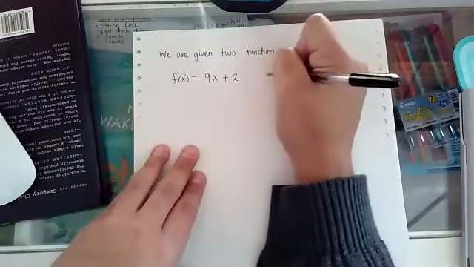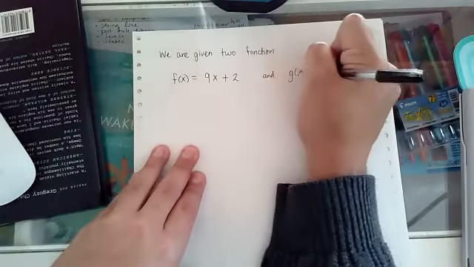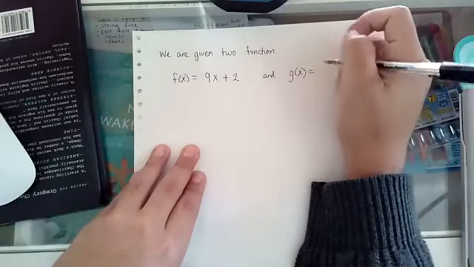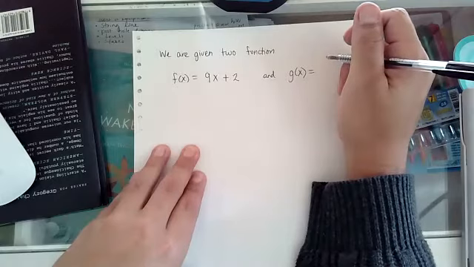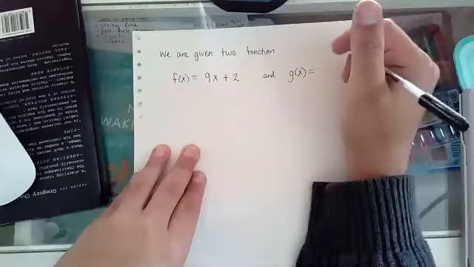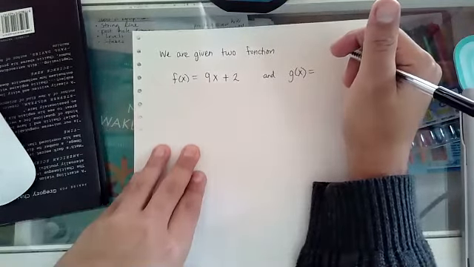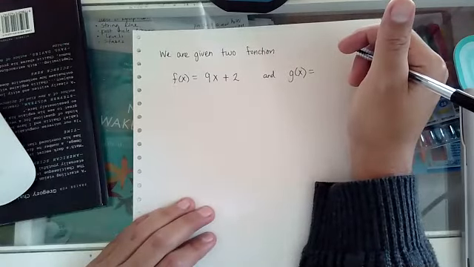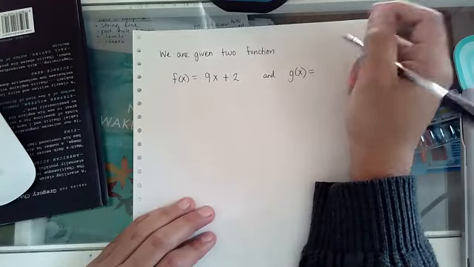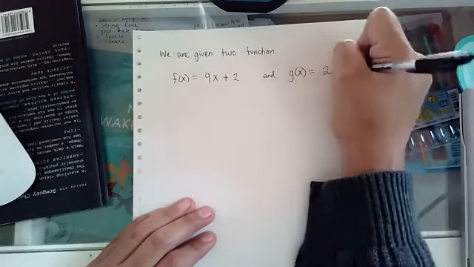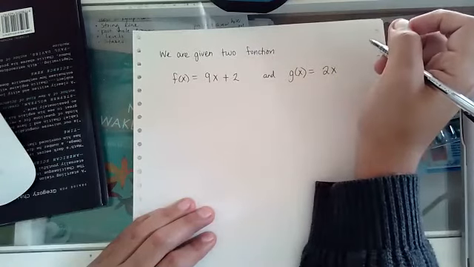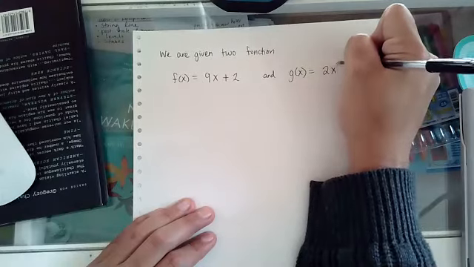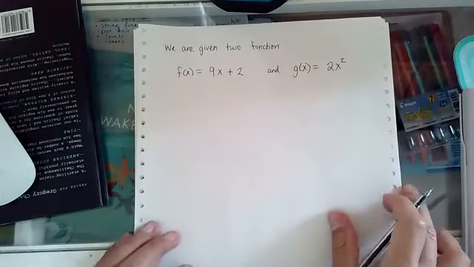And the other function is g of x, and that's equal to, let's do something less bold, let's go with 2x squared. Okay.